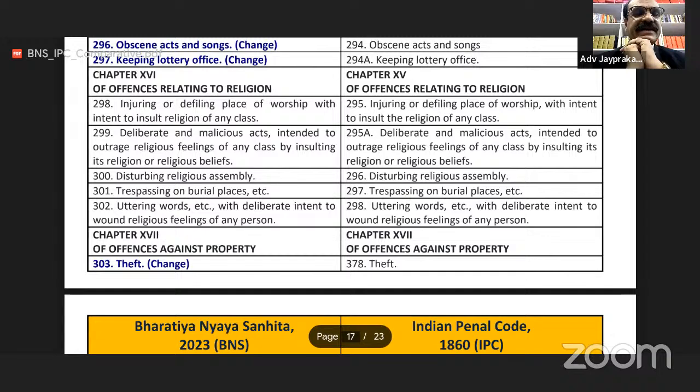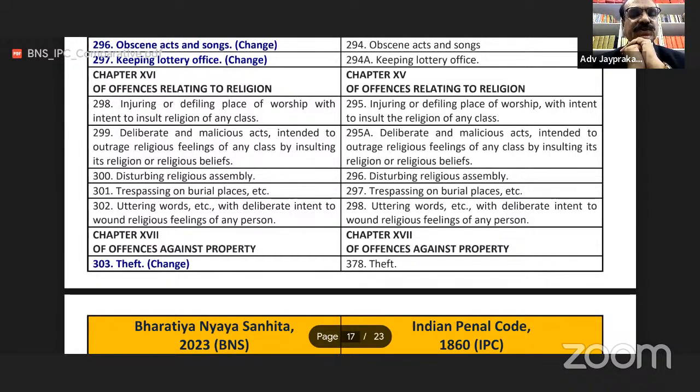BNS section 300, disturbing religious assembly. Its corresponding section was in IPC 296. BNS section 301, trespassing on burial places, etc. Its corresponding section was in IPC 297.